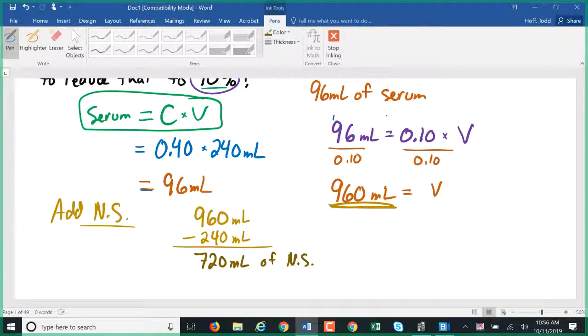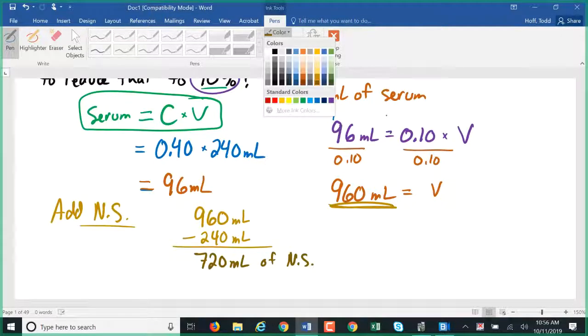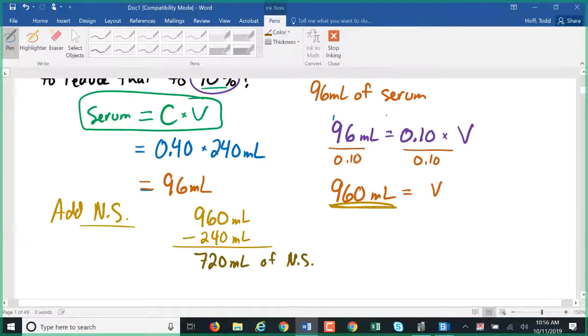So in this dilution, the dilution ratio isn't just serum to total, it's concentrate to total. Our first substance isn't a pure substance, it's already a diluted substance. So in this case, our concentrate is the 40% solution. We had 240 milliliters of that.